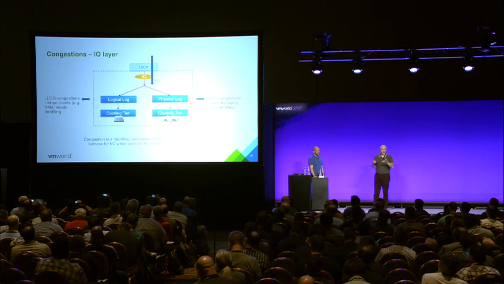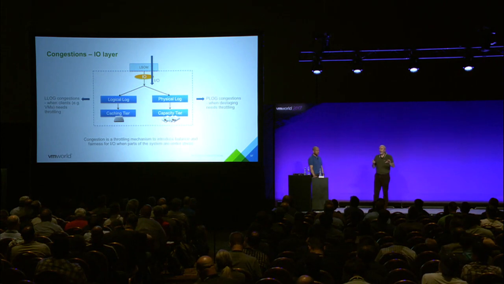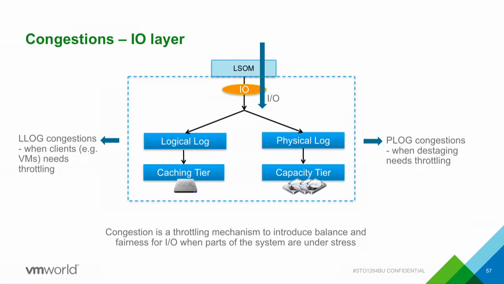And then we have the physical log congestion, which is associated with the physical log, and that's associated with the capacity tier. Where we would see L-log congestion is when we have virtual machines doing lots of I/O, and we have to get that into the caching tier. Where we would typically see P-log congestion is when we're trying to destage out of the caching tier into the capacity tier. Does that make sense?